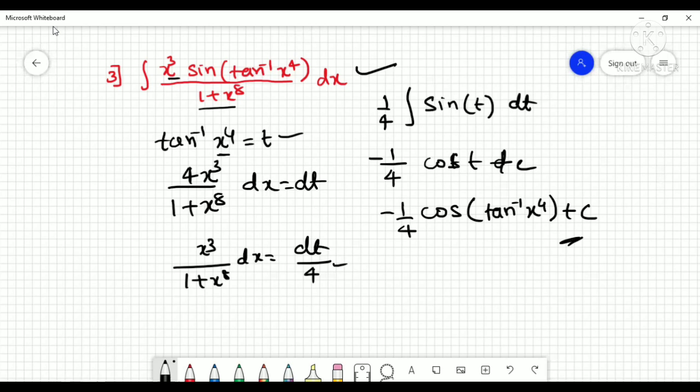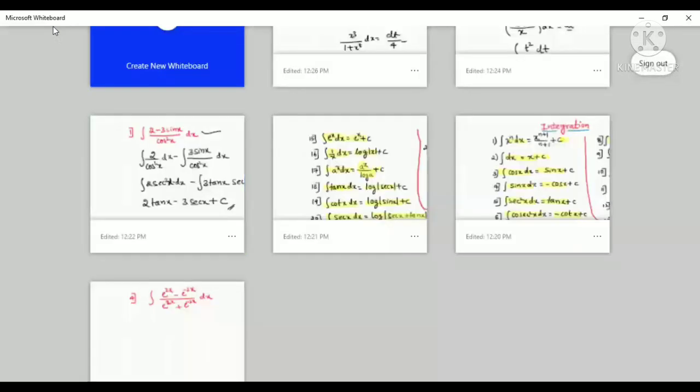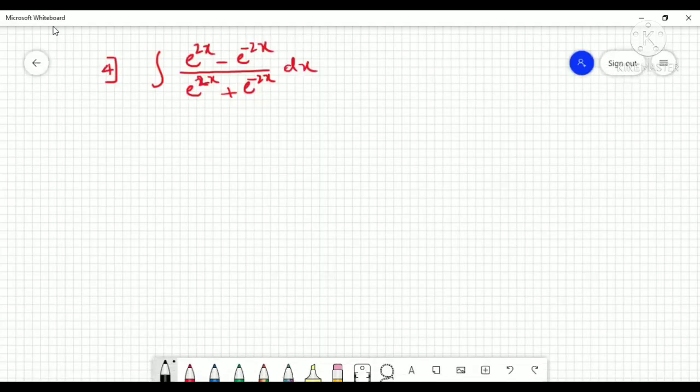Okay, now let me move on to the next one. Integration of e power 2x minus e power minus 2x, whole divided by e power 2x plus e power minus 2x dx. Here I will substitute e power 2x plus e power minus 2x is equal to t.